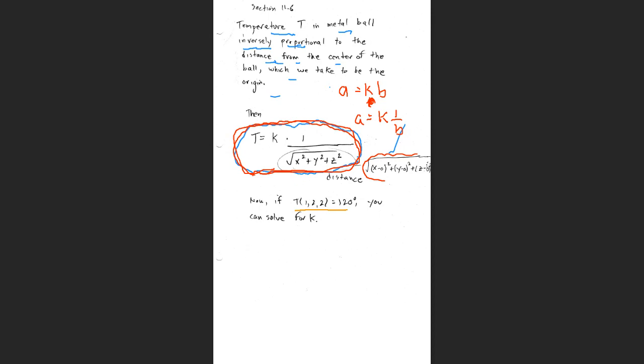Okay, one moment. So what you would do is say, okay, well, the temperature at (1, 2, 2) is 120, and that equals K times 1 over the square root of 1 squared plus 2 squared plus 2 squared.